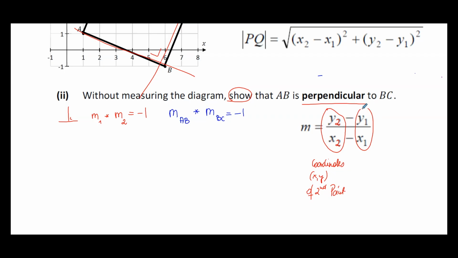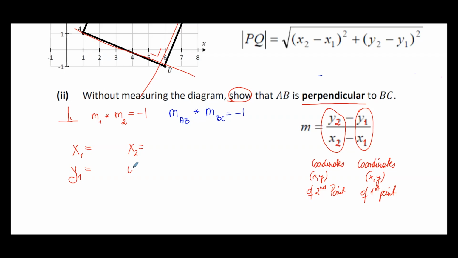And these two, saying 1 and 1, those are coordinates: x and y of the first point. Now, does it matter which point is first, which is second? No, absolutely doesn't matter. So let's write our list.